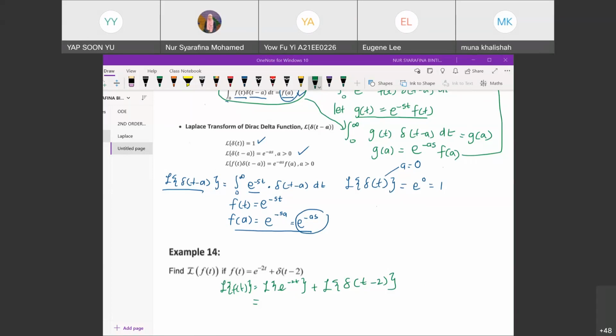Okay, so 1 over s plus 2. And then this one, delta(t minus 2). So delta(t minus a) gives e to the power of negative as, so delta(t minus 2) is e to the power of negative s. That's it. Okay, clear?